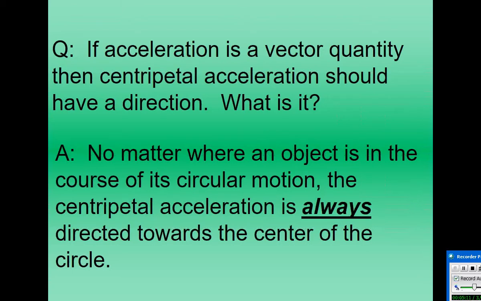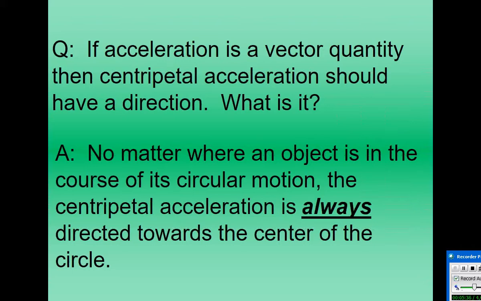Any object undergoing circular motion has centripetal acceleration. Undergoing constant speed, you've got centripetal acceleration directed towards the center of the circle. If you're speeding up or slowing down, a component of your acceleration is centripetal, directed towards the center of the circle. We'll get a little bit more into that later this lecture.